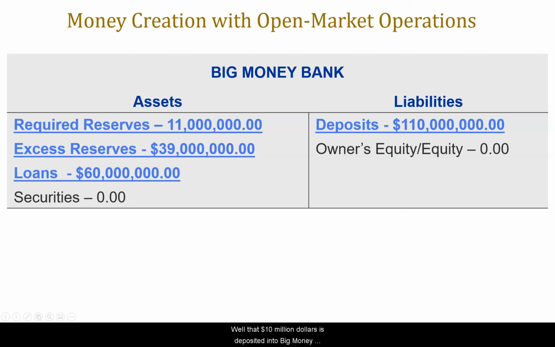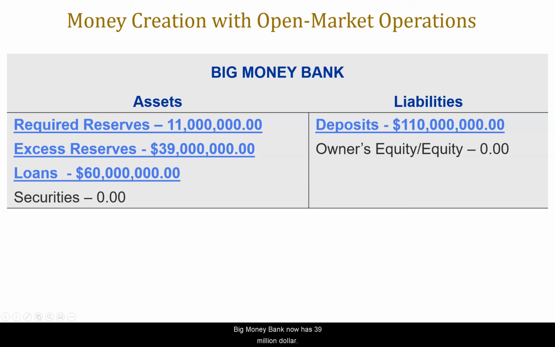That $10 million is deposited under Big Money's bank liabilities, and then the required reserves increase to now $11 million, which changes the entire composition of assets for Big Money Bank.